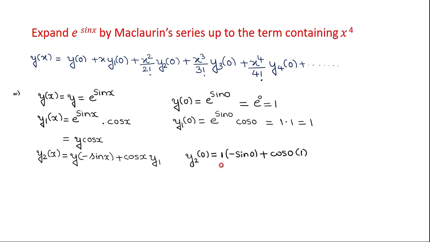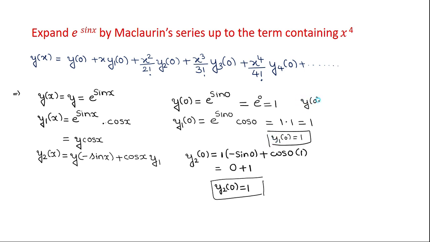Now sin of 0 degree is 0, so the first term becomes 0. Cos 0 is 1, so 1 into 1 will be 1. So y2 of 0 is equal to 1. y1 of 0 is also 1, and y of 0 is also equal to 1.